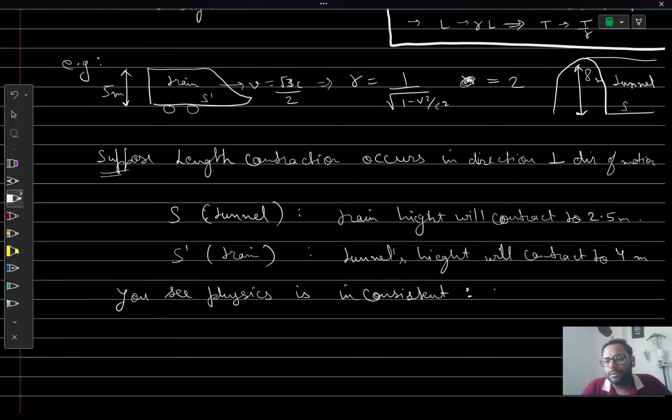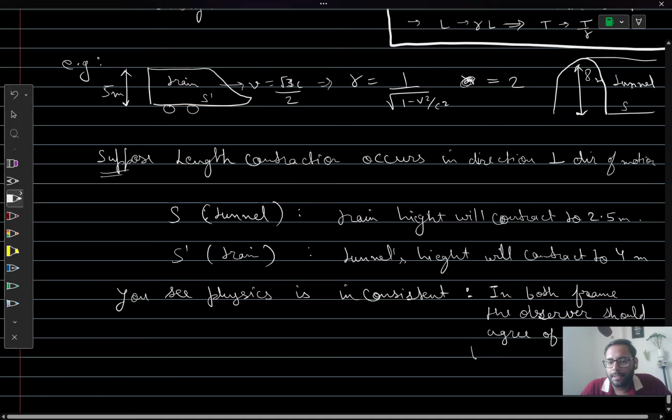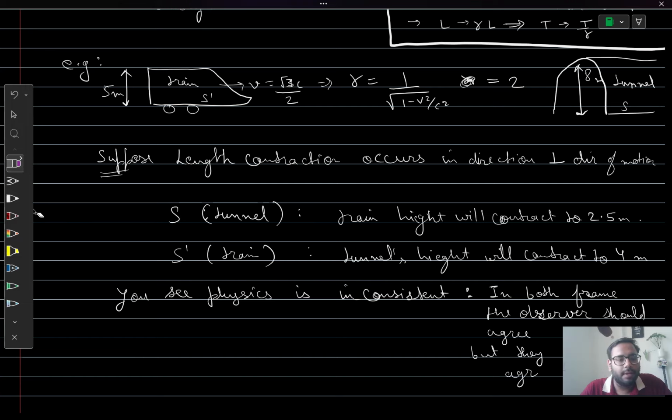In both frames, the observers should agree on events, but here they are not agreeing on the same event. Why?